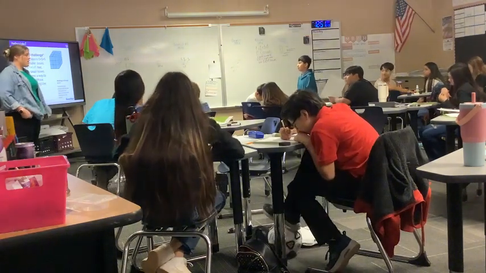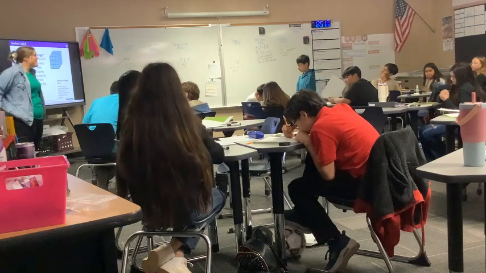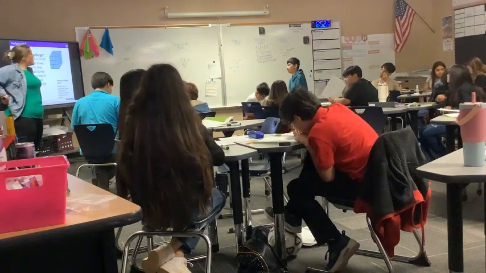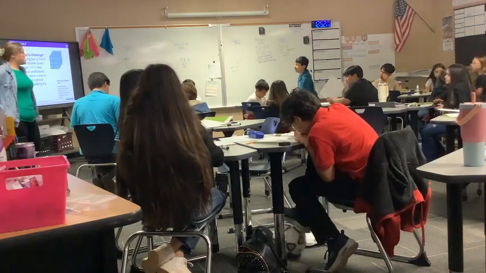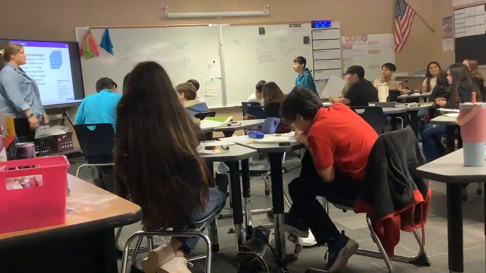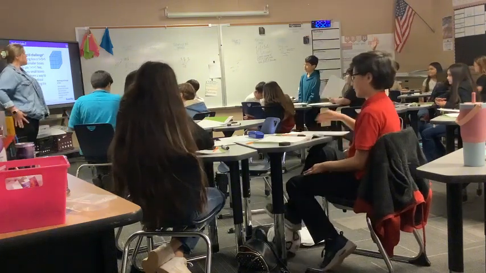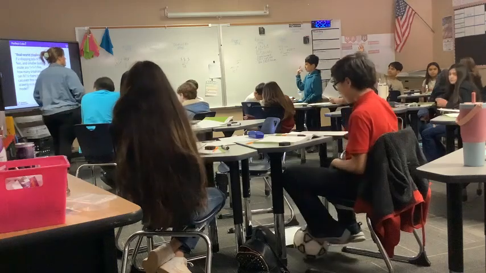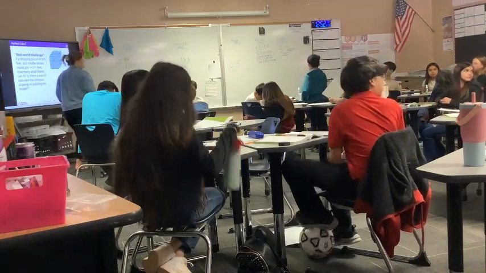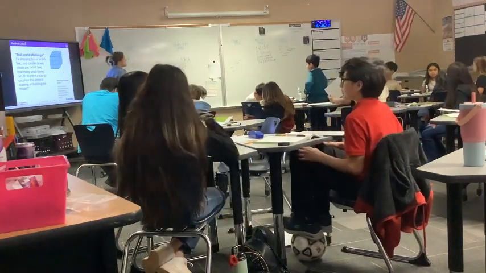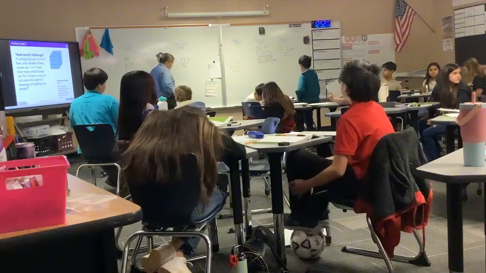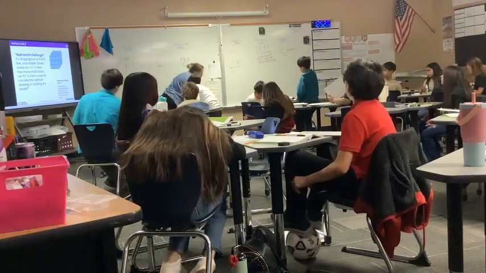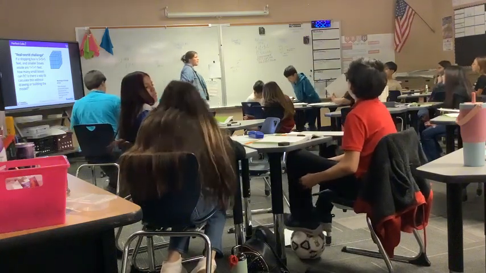Our shipping box is 125. How do we know that it's 125? Rodrigo said we do 5 times 5 and we get 25, and then we do 25 times 5 and we get 125.